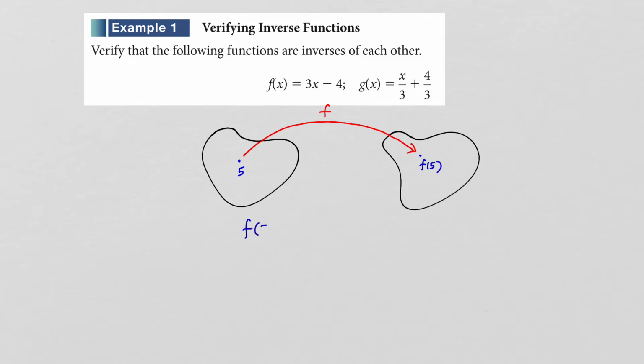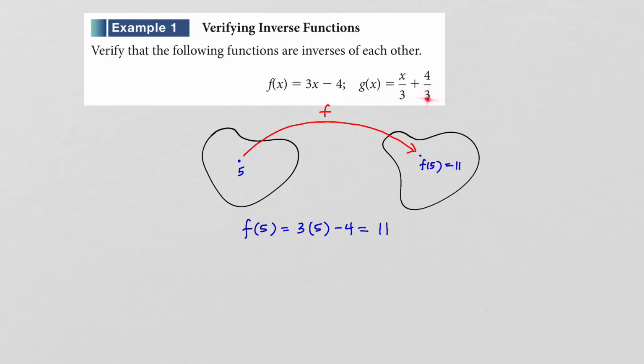So to do f of 5, we're going to plug the number 5 into the function here, which is 3x minus 4. So if we do that, we get 3 times 5 minus 4, which is 15 take away 4, which equals 11. So the function f takes the number 5 and assigns it to the number f of 5, which we know is equal to 11.